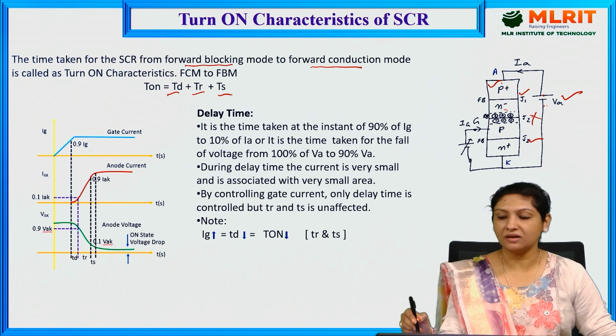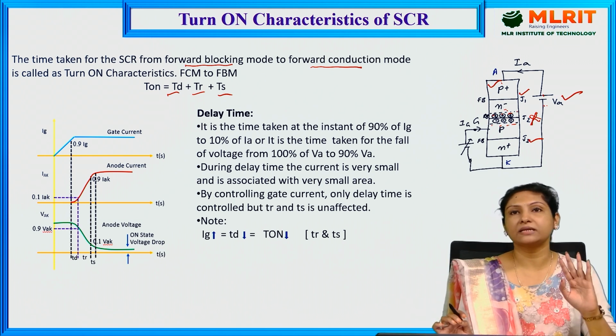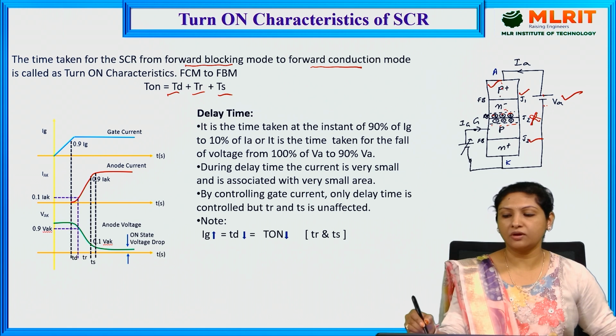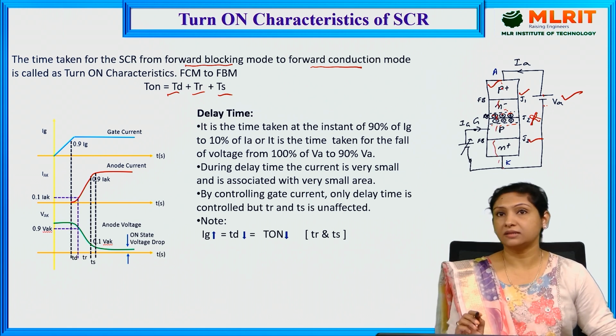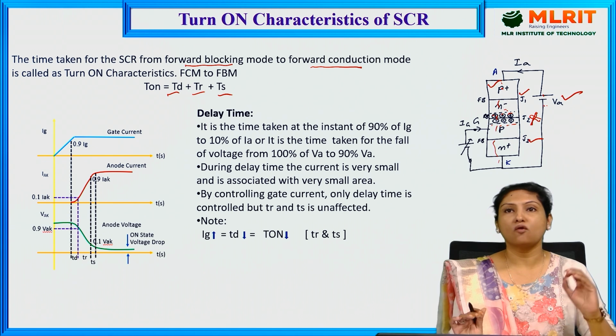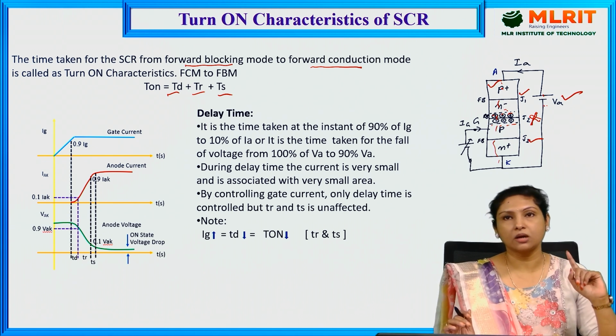That is the only reason J2 is reverse biased and it forms a depletion layer over here. That means it is acting as a potential barrier which is stopping the free flow of electrons. That is the reason it is in forward blocking mode. That means it is ready to conduct but not in the conducting state.